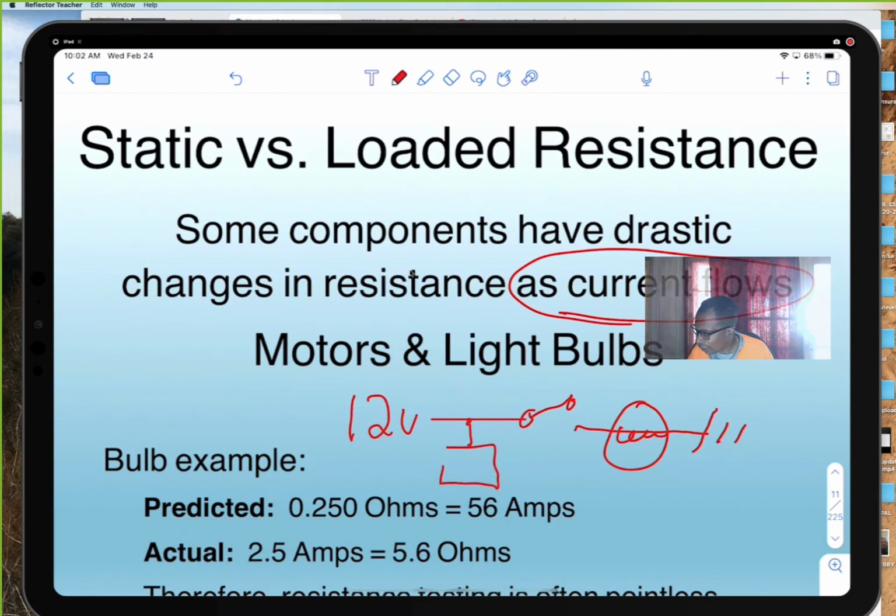Right here, if I check it, I would have 12 volts. On this side of the switch, if I check the potential, it's 0.